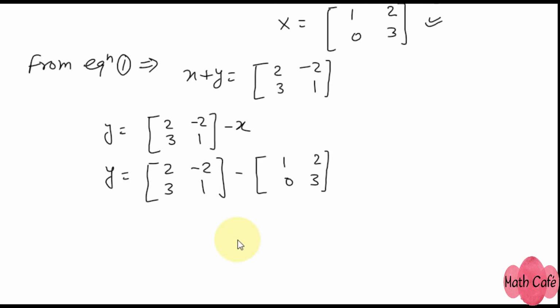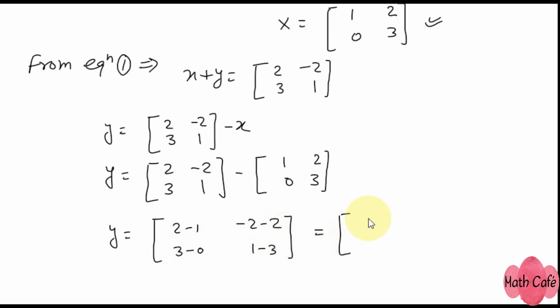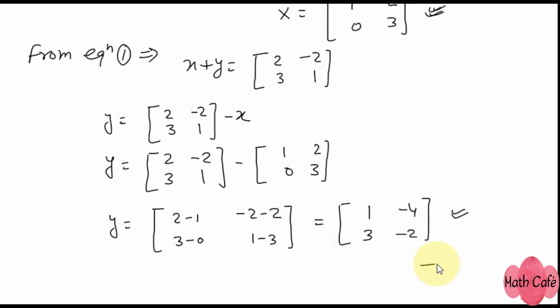So this is subtraction of two matrices. So I'm going to subtract each of the corresponding elements. So Y will become 2 minus 1, minus 2 minus 2, 3 minus 0, and 1 minus 3. So finally Y will become 1 minus 4, 3 minus 2. Alright, so we have found the values of X as well as Y in the given problem.